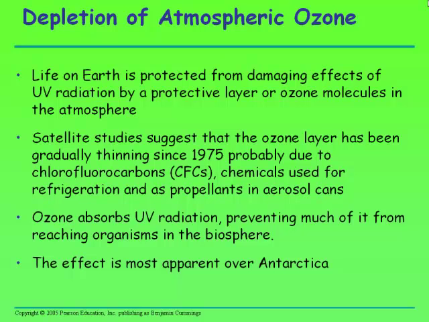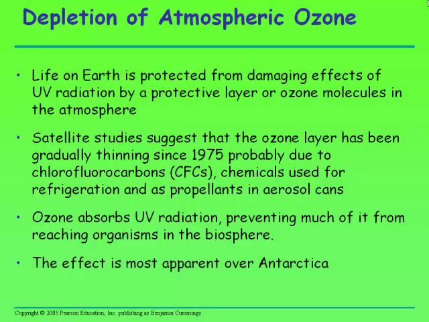So, depletion of atmospheric ozone. Life on Earth is protected from damaging effects of UV irradiation by a protective layer of ozone molecules in the atmosphere. And ozone is a type of oxygen.